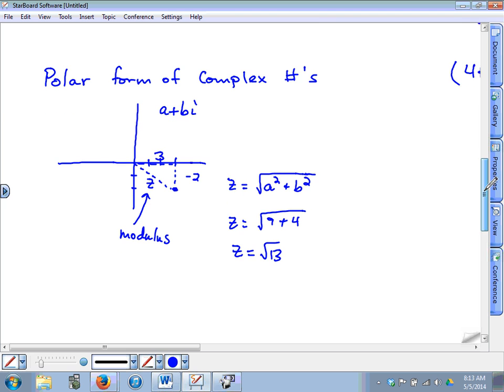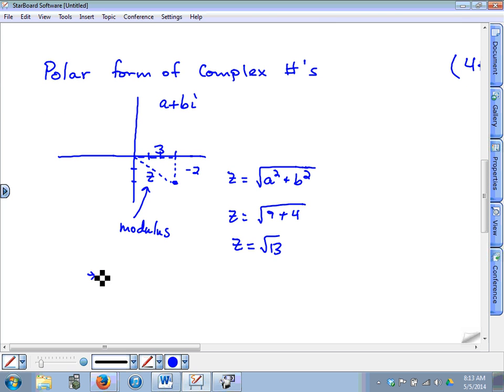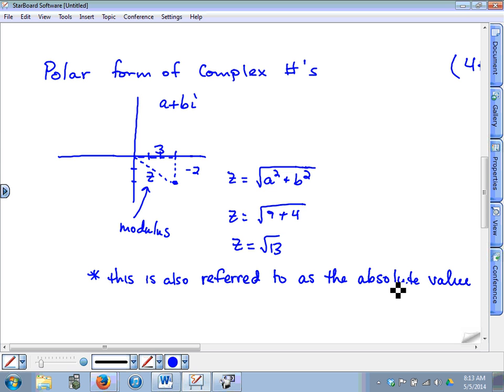Oh, before I forget, I don't want to not mention this. Put a little star here. This is also referred to as the absolute value of the complex number.